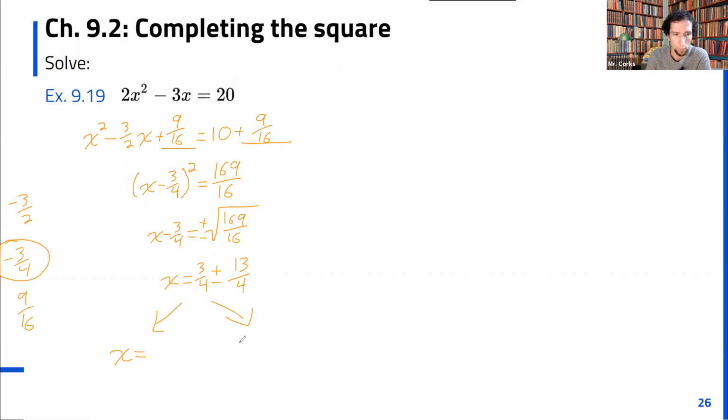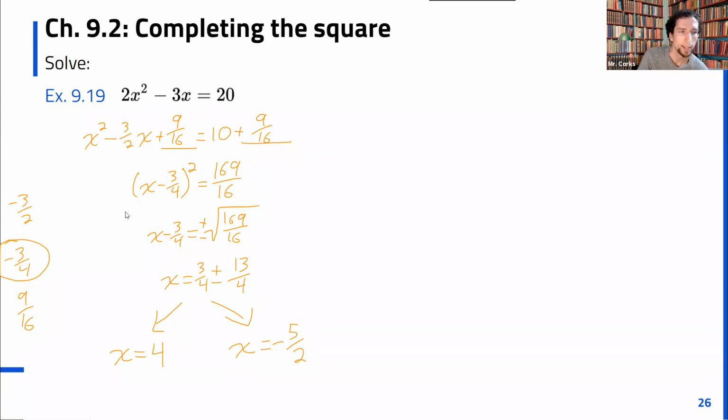So x would be equal to what things? 4 and negative 2.5. I'll write it as negative 5 over 2. So 3 over 4 plus 13 over 4, 16 over 4, that's 4, and then subtracting, 3 minus 13 gives negative 10 over 4, and then negative 5 over 2.